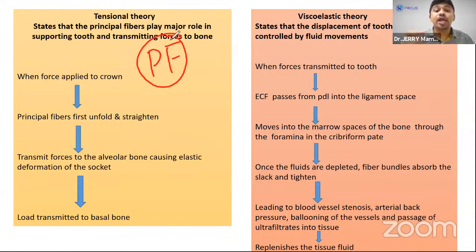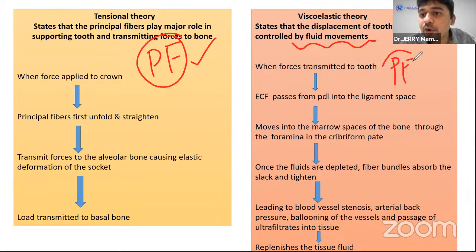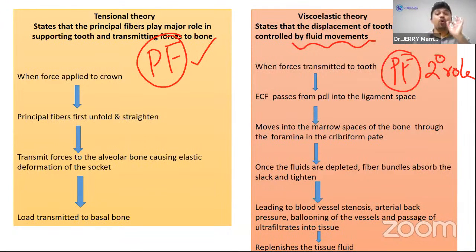Whereas the viscoelastic theory states that most of the force due to the displacement of the tooth is largely controlled by the fluid movements occurring within the periodontal ligament space, and principal fibers play only a secondary role in taking up the masticatory force. So that is the basic difference between both.